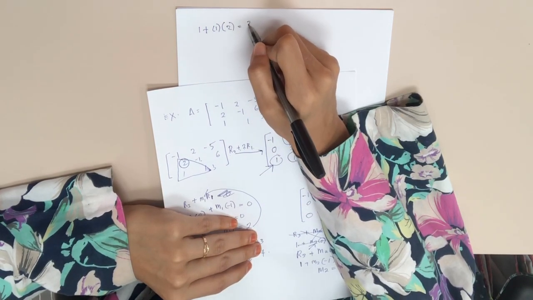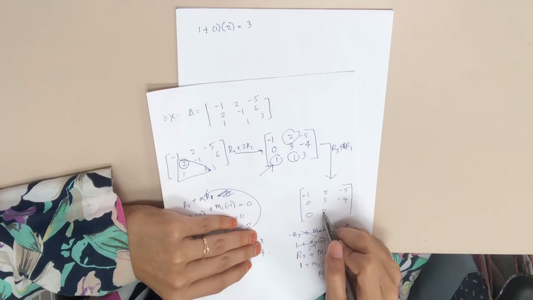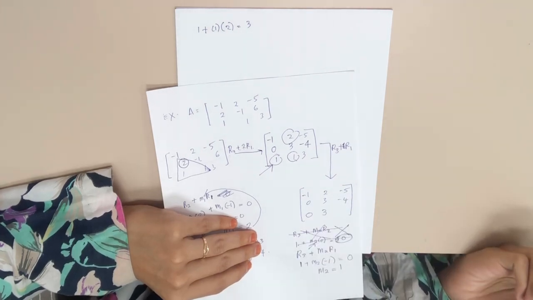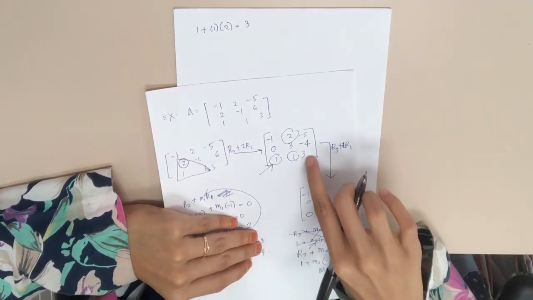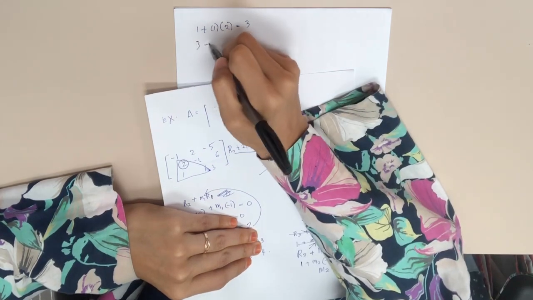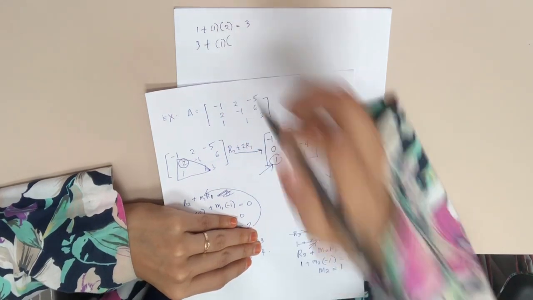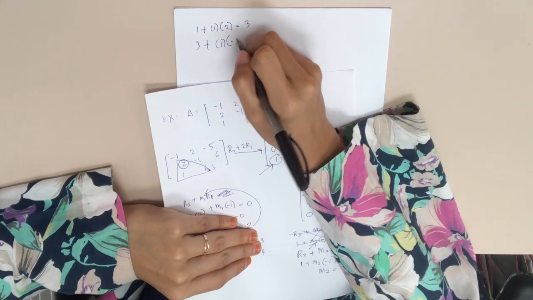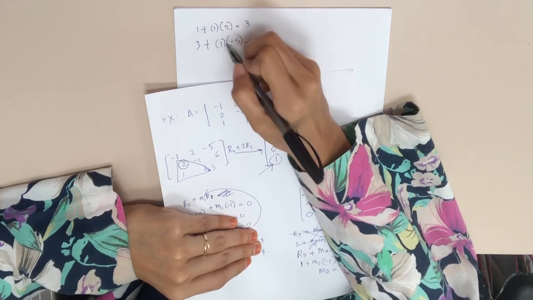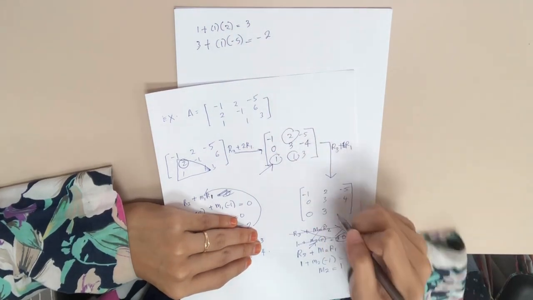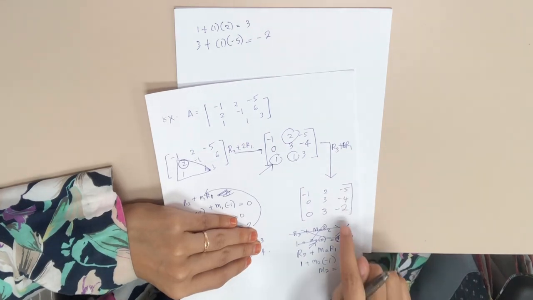So 1 plus 2 becomes 3. So this is 3. Now we want to change this one, 3. So 3 plus 1 times negative 5, and we get 3 minus 5 is negative 2. So this will be negative 2.